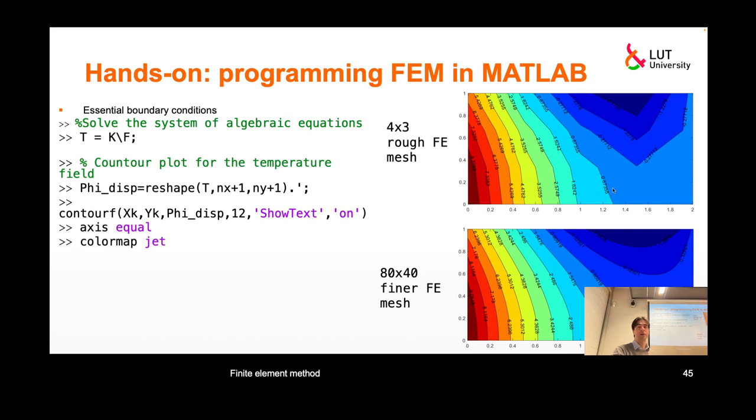The first picture I may put here is what I got for this 4x3 mesh, 4 elements in the horizontal direction and 3 elements in the vertical direction. So it's quite a rough mesh, and you can see those lines that correspond to a certain value of temperature, and there are values put here by MATLAB, which I asked for in this comment.